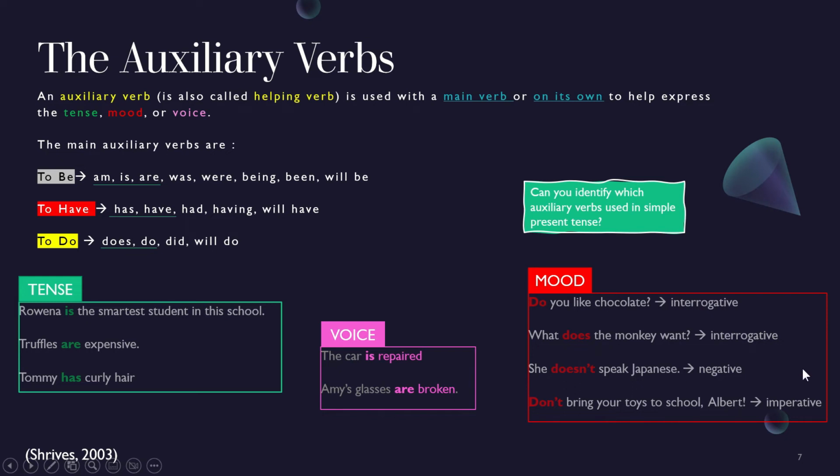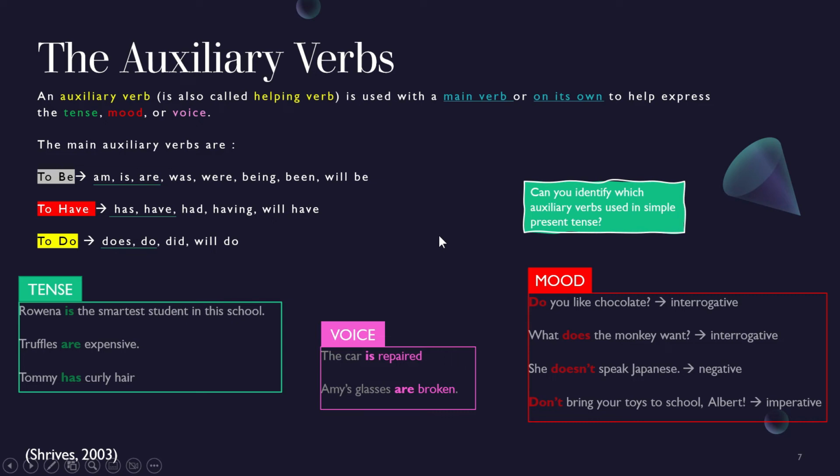Okay, if you see here, some of the sentences use do, some use does, doesn't, don't, and also this one uses has, and this one uses are, this one uses is. So when do we use particular auxiliary verbs actually? Okay, so this is related to the concept that we are going to learn in the next slide.